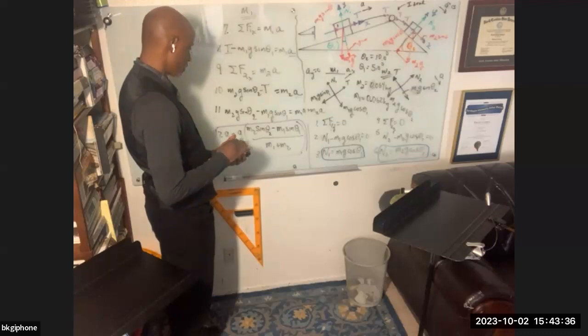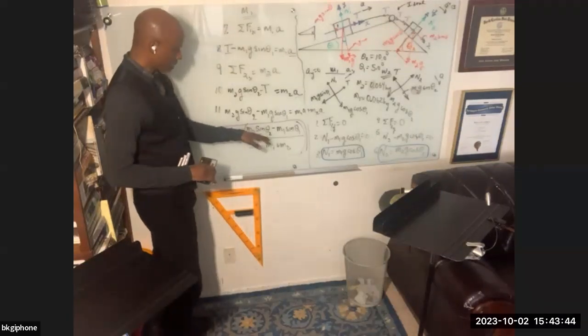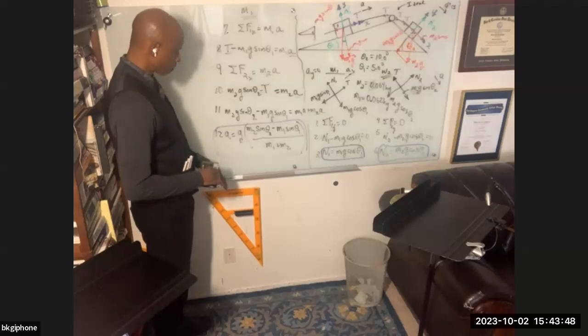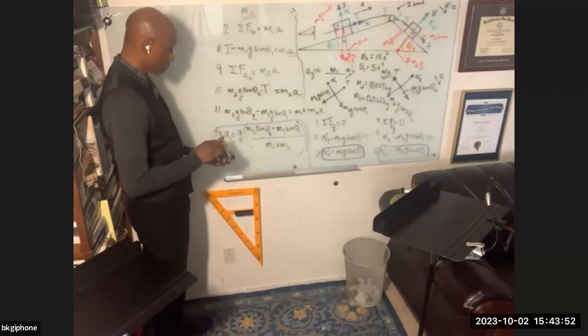Let's do that again. So we have M1, which is actually, I'm going to go back and calculate that other one again. I might have made a mistake on that. So the other one was the same thing. I just didn't have a sine theta 2 there.